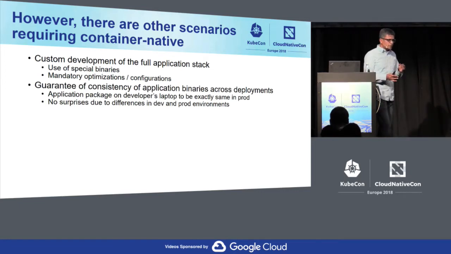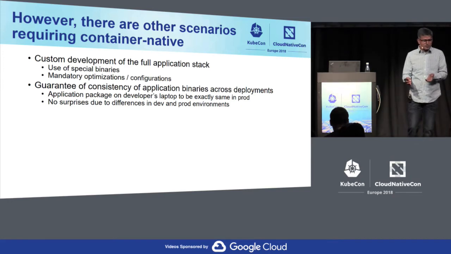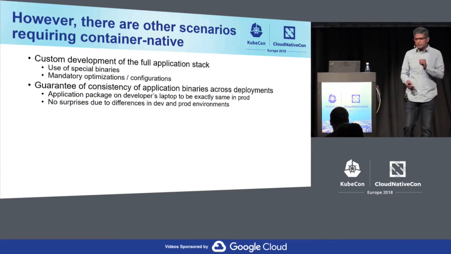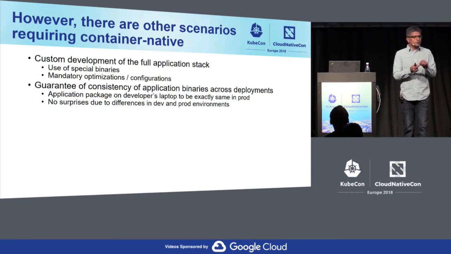Likewise, there are scenarios where, and again, this is a Kubernetes conference, so this is preaching to the choir if I went too deep into these aspects, but just to list some of the main scenarios. There are cases where the developer wants to have the same application package that is built on his desktop also running in testing, in development, in production, wherever that is run, right?